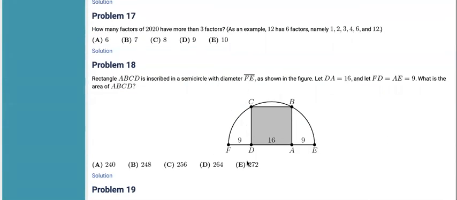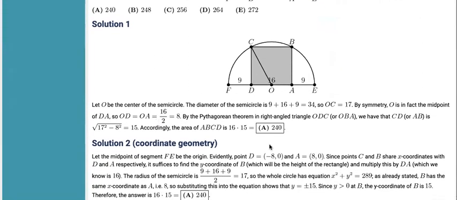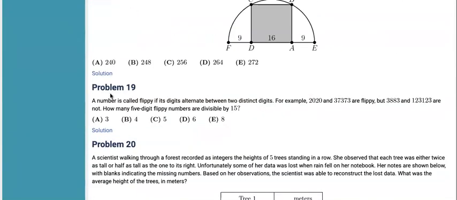Okay, here was a trick question where it's not a square, but it's actually pretty much a square. So 16 times 15 is A, which is 240. Yep. A flippy number, I think here we almost said 3, 6, and 9, which is only 3 solutions, but in the end we found 50505 because 0 is also a multiple of 3.